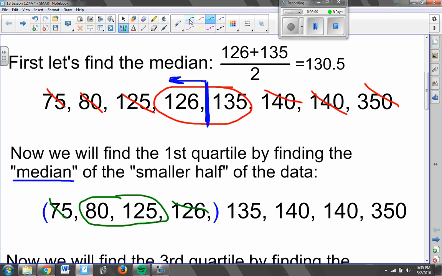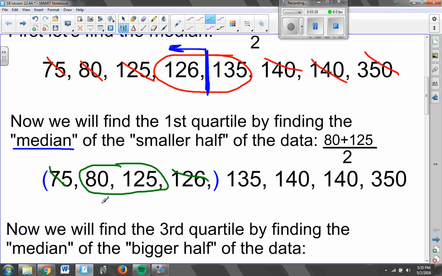And now I want to find the median or the average of those 2 points. So I will take 80 and I will add 125, and then I'll divide that by 2. And I end up with my first quartile number being 102.5.